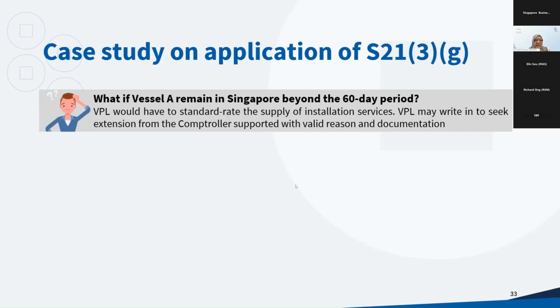But the request must be supported with valid commercial reasons and documentation. Then we will take all this into consideration and let VPL know. But generally, it should be within the 60-day period lah.